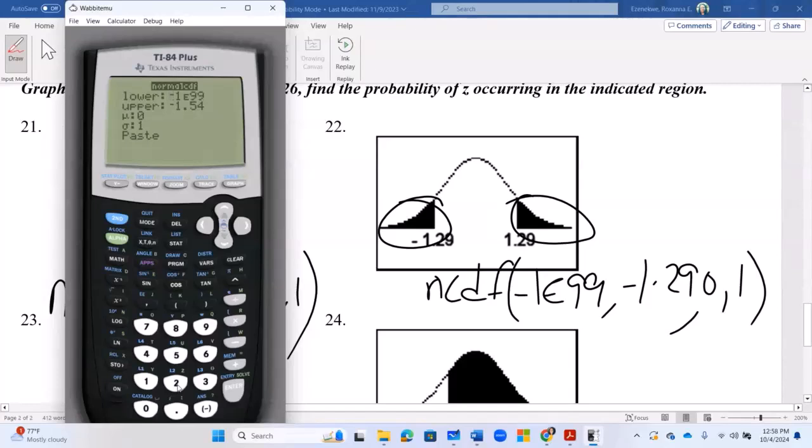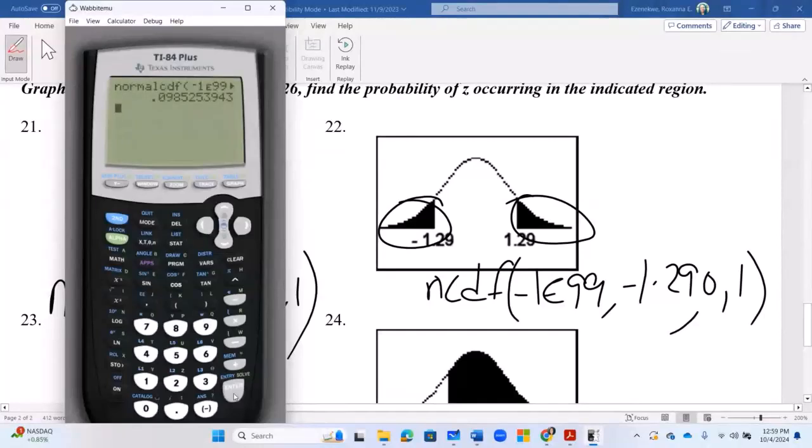The lower bound is negative infinity, and the upper bound is negative 1.29. The mean is 0, standard deviation is 1. It's a standard normal curve. So I'm going to calculate.